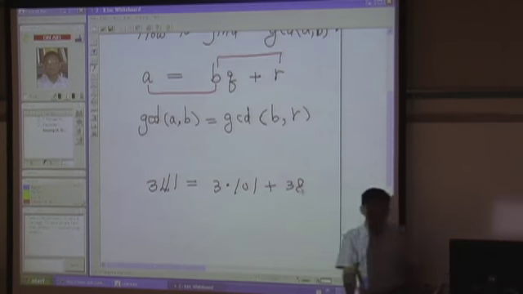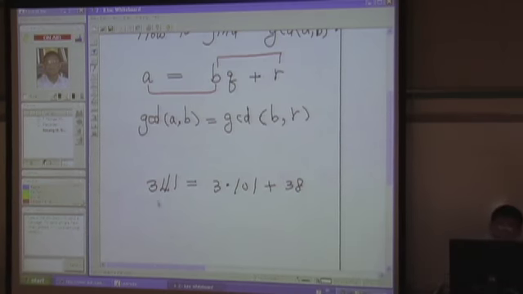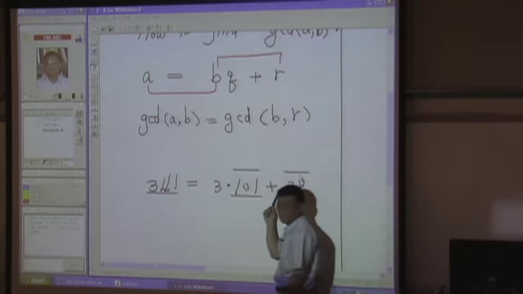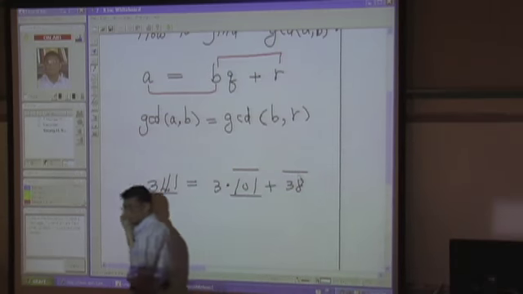In other words, to find the common divisor of these two big numbers, we don't have to really handle big numbers. We only care about this number and this number. Do you follow me? So this is the key. The division algorithm is the key.